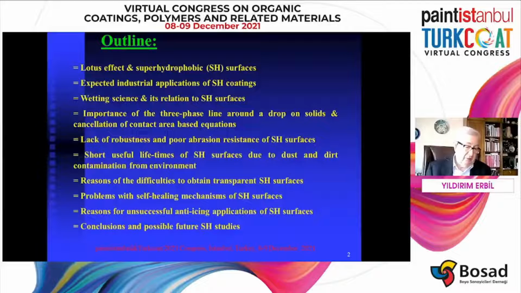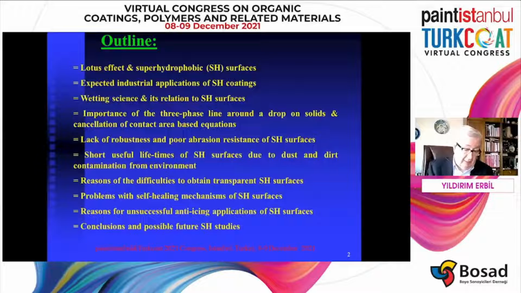And now, in the third part of the talk, I will focus on the industrial reasons. For example, there is a lack of robustness and poor abrasion resistance of superhydrophobic surfaces, and their useful lifetimes are short because of dust and dirt contamination from the environment.